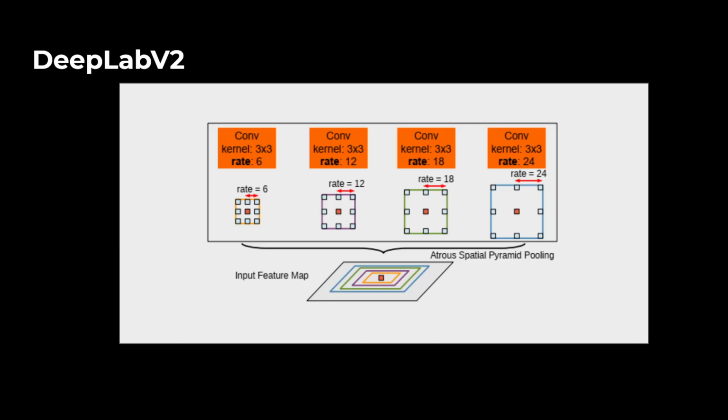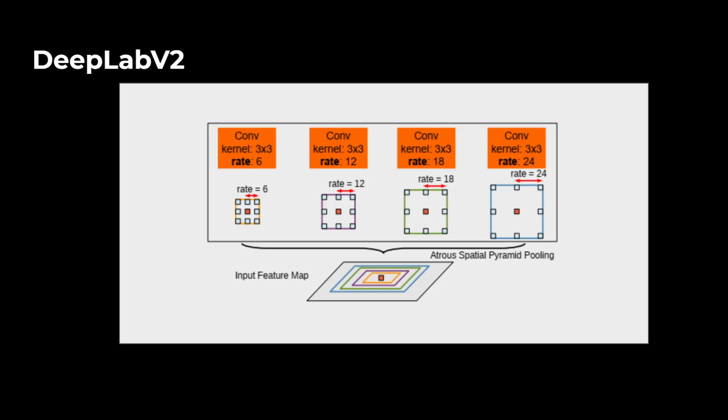And then you get some features out of that. You basically pass a bunch of different dilated convolution kernels through the same feature map, right? So each output feature map should capture information of a different scale, right?